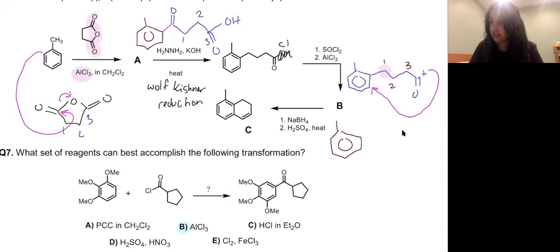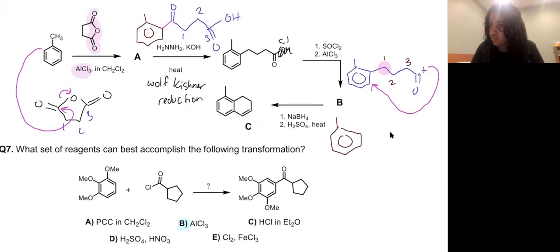Well, they're both ortho directors. So this R group over here is directing to this carbon. And also, I looked at product C and I saw that it attached to that carbon. So I just followed that. But yeah, it's ortho directing.